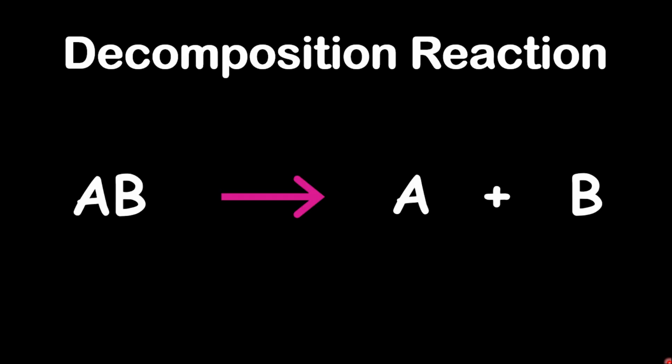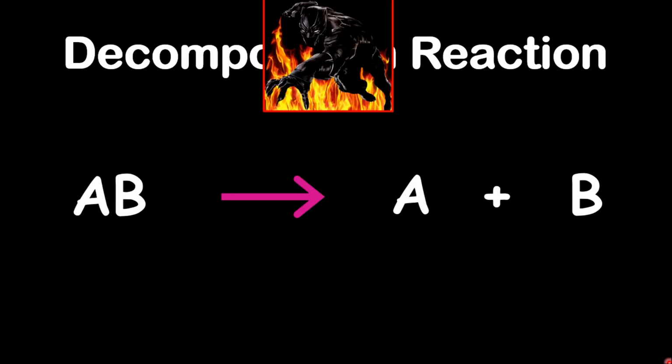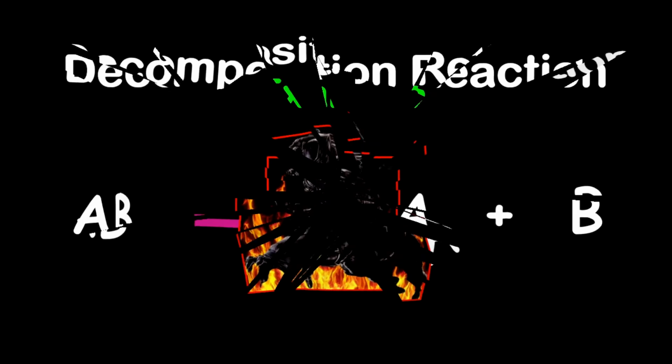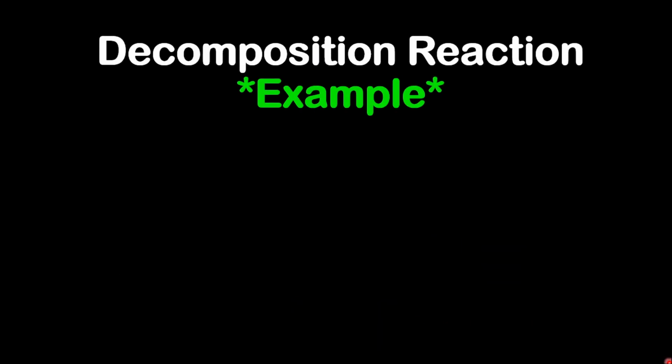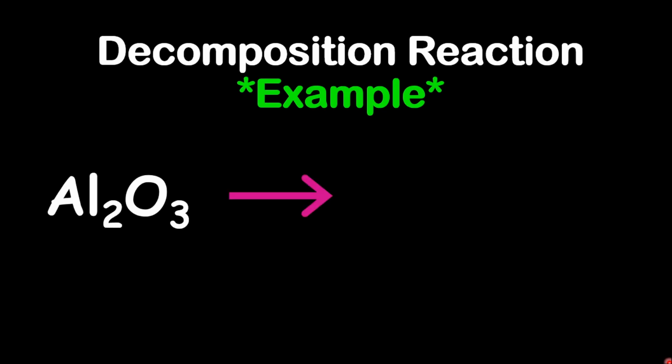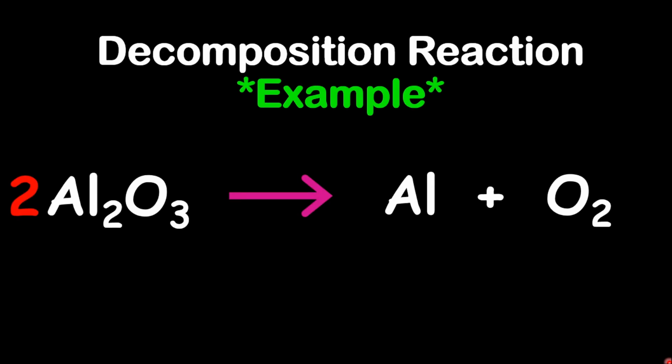Now let's look at a very specific example. For this example, aluminum oxide, particularly this is named aluminum 3 oxide, will break down to produce aluminum and oxygen. Check if the equation is balanced. If it's not balanced, then put the numbers to make everything equal. In this case, it will be 2, 4, and 3.